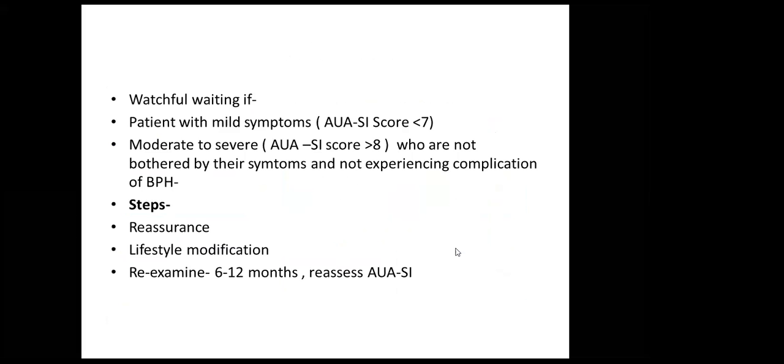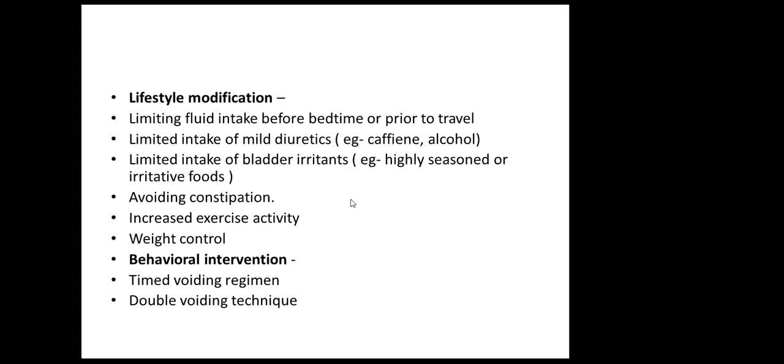So watchful waiting is indicated in patients with mild symptom where the AUA score is less than 7, or in rare circumstances it can be done in moderate to severe symptom who are not bothered by their symptom and are not experiencing any complications because of BPH. The steps include reassurance, lifestyle modification, examination once in 6 or 12 months, and reassessment of AUA score to know the severity.